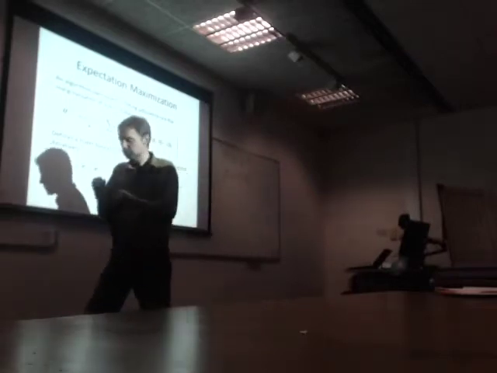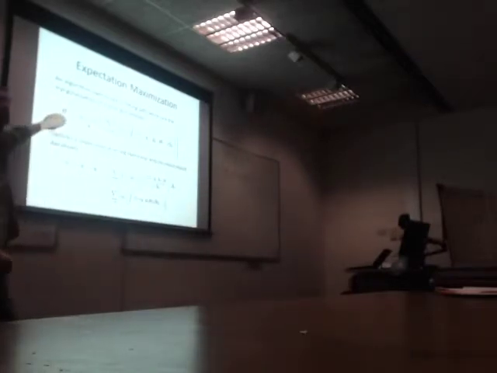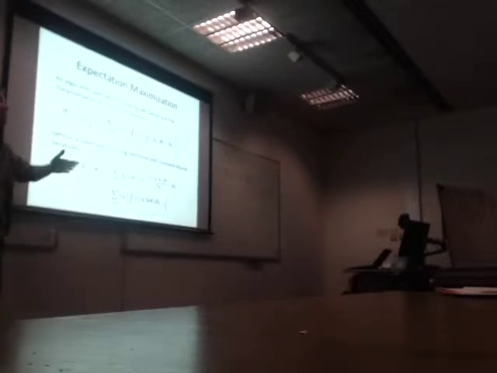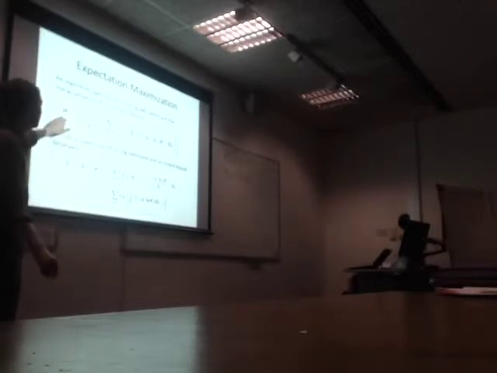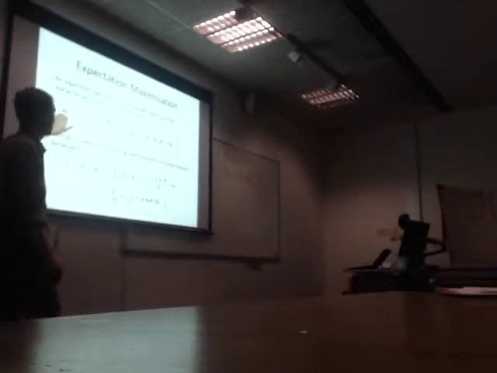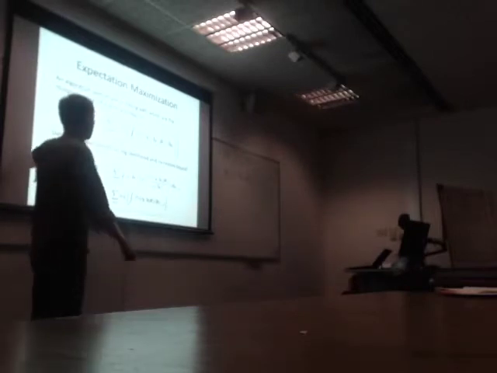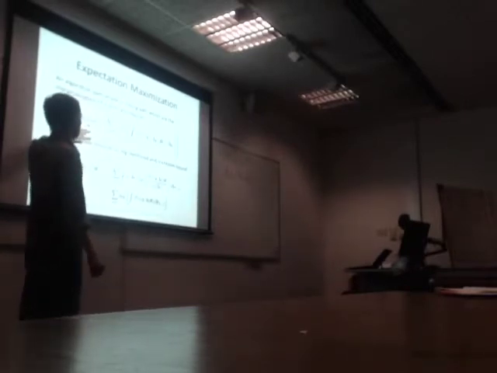If we are given some training data, then we would like to learn what the thetas are. What are the shapes of those three Gaussians that we had plotted? Each of the Gaussians has some parameters. We would like to figure out which parameters best explain our training data.